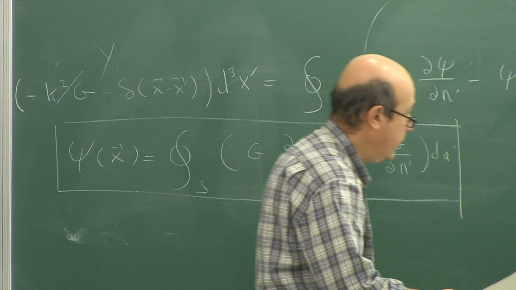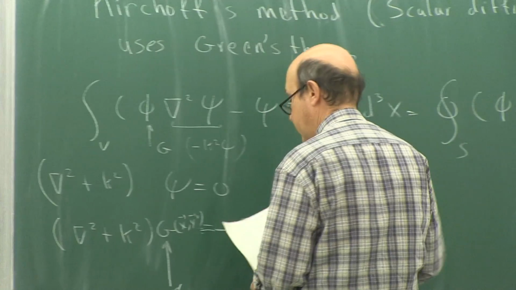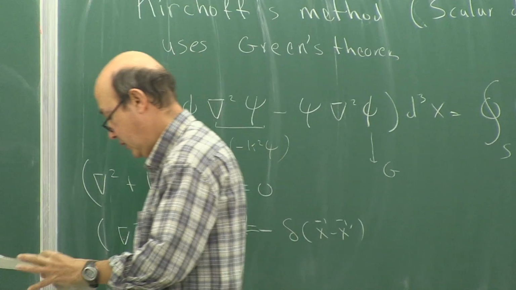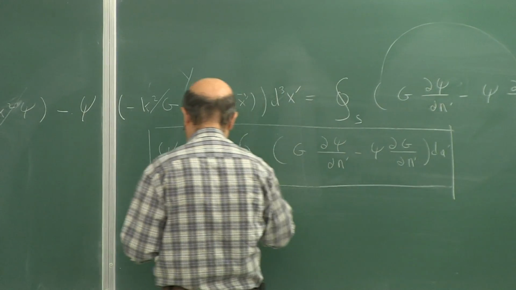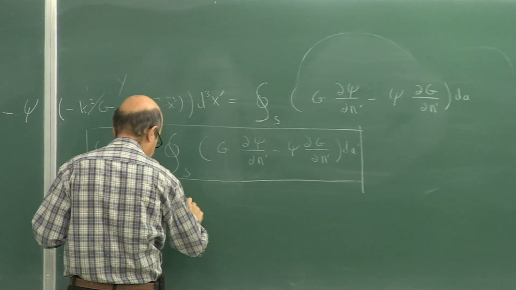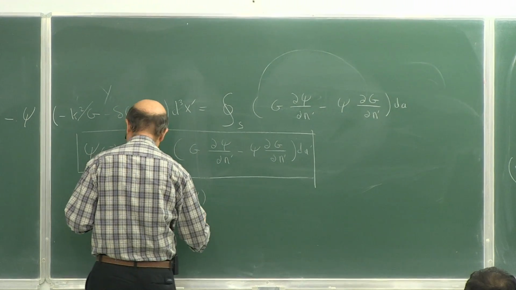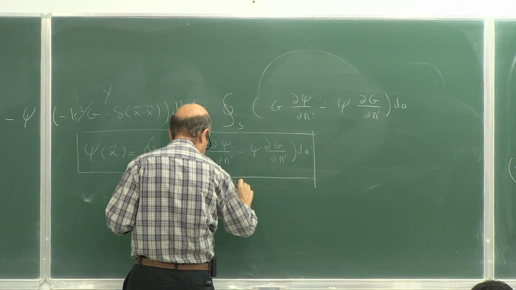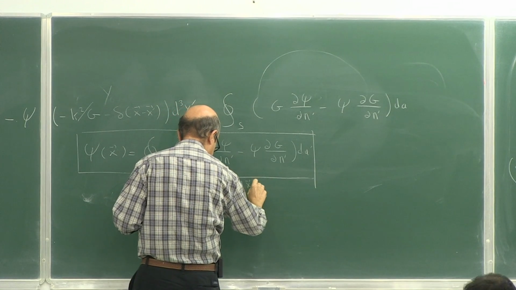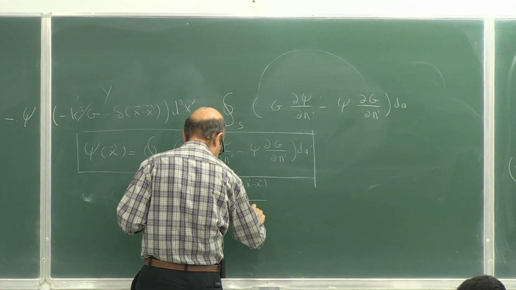So we know the Green's function, from the solution of this, we studied that and use from time to time. The Green's function is g(x, x prime) equals e to the i k |x minus x prime| over |x minus x prime|.